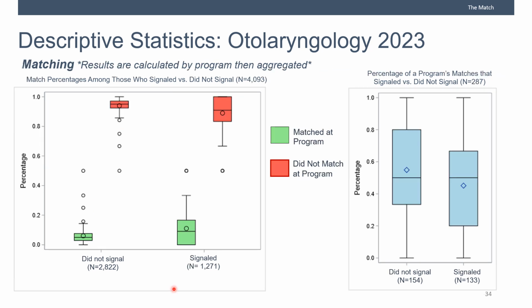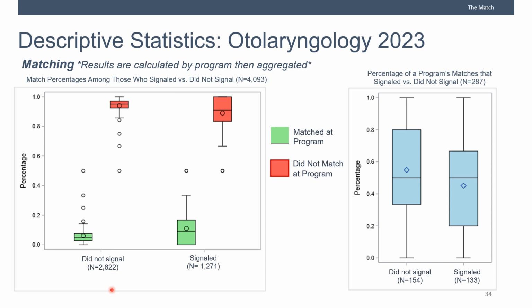Now looking at the descriptive statistics for matching, results for ODO were similar to what we saw with general surgery, except the overall percentage of signals that resulted in matching is slightly smaller for ODO than general surgery. Looking at these green box plots on the left, the effect of a signal versus no signal on matching was similar between the two specialties.